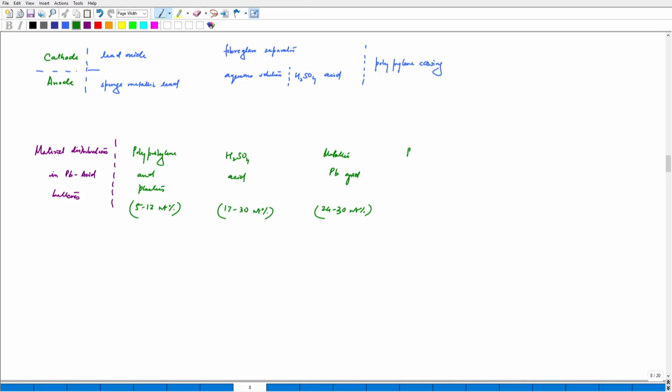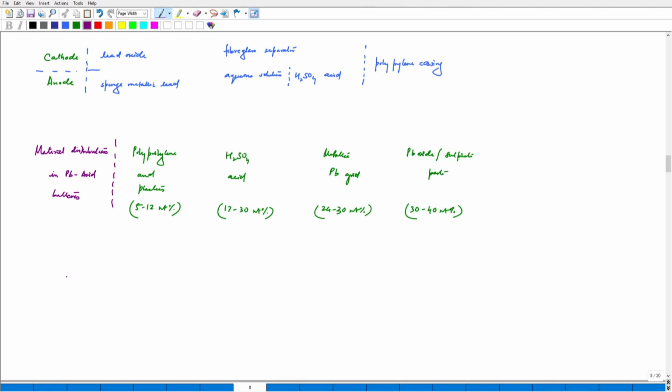We have lead oxide or sulfate paste, and this paste is amounting to 30 to 48%. And even in the sulfate paste, what are we looking at?